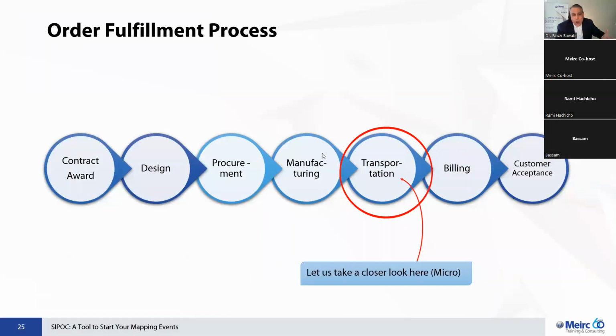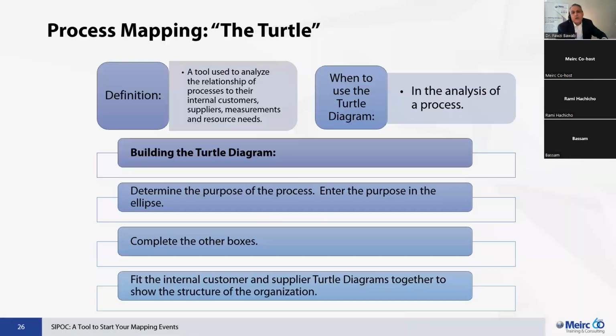So maybe here I have these multiple steps, and I'd like to understand what a certain activity is doing using the enhanced SIPOC. So I can take this and then I can zoom into that step and I can create something called the turtle diagram.